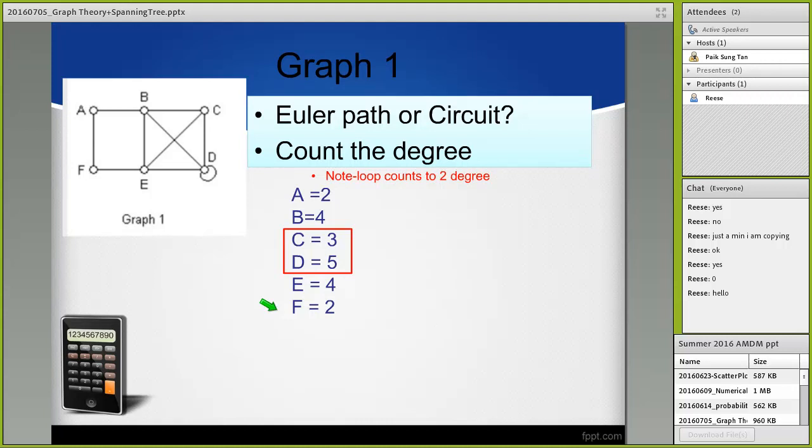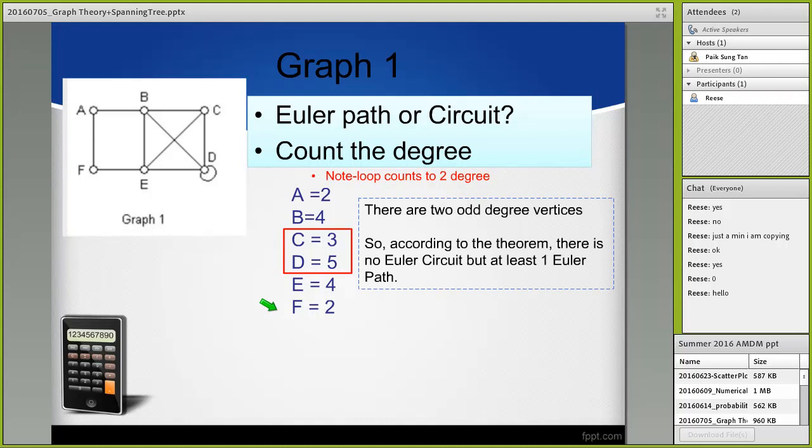So what do we conclude from here? There are 2 odd degree vertices. According to the theorem, there's no Euler circuit, but at least one Euler path.